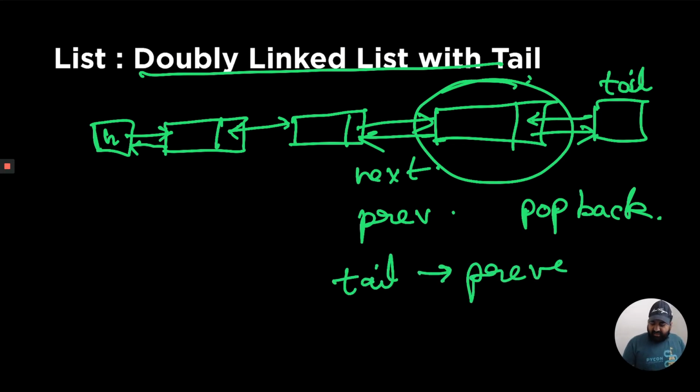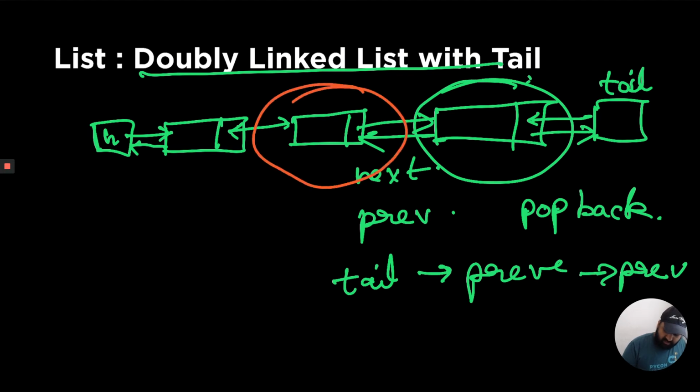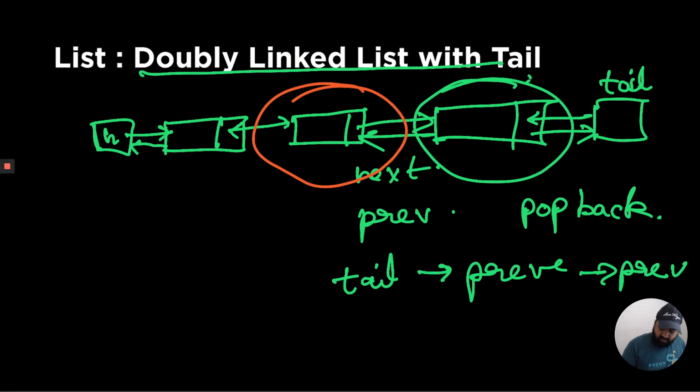If we do something like tail's previous, we actually reach this particular node. And then we can change or manipulate the pointer of this node to the next one, or make this point to the tail itself. So you can do this in constant amount of time.